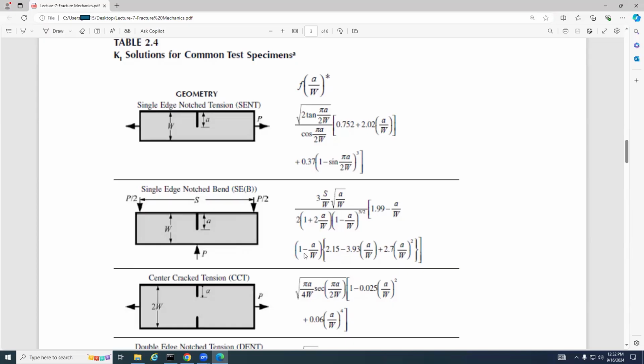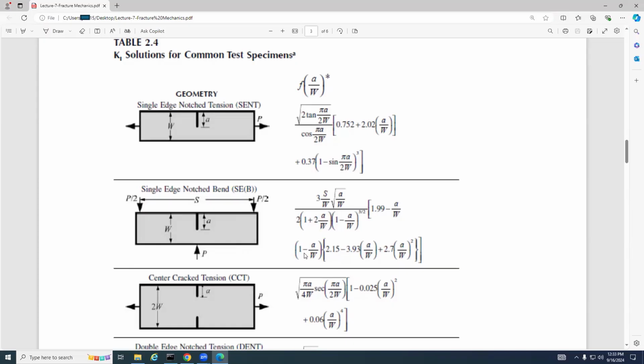And the single edge notched bend specimen. Here is an edge crack with a load point, so this is also called 3-point bending. We also have 4-point bending. We have 3 different commonly used bending: 3-point bending, 4-point bending, and a free bending.